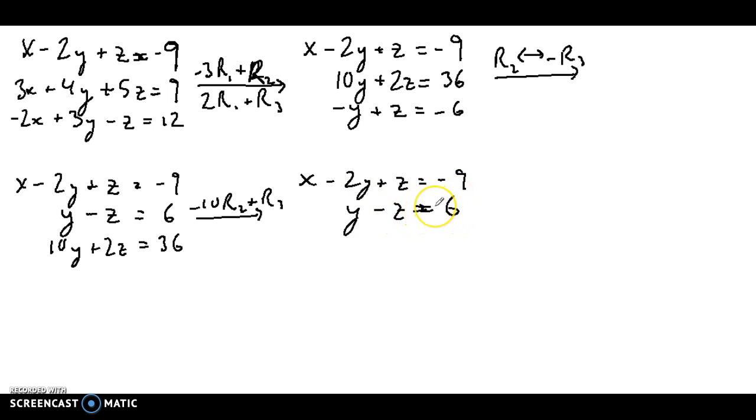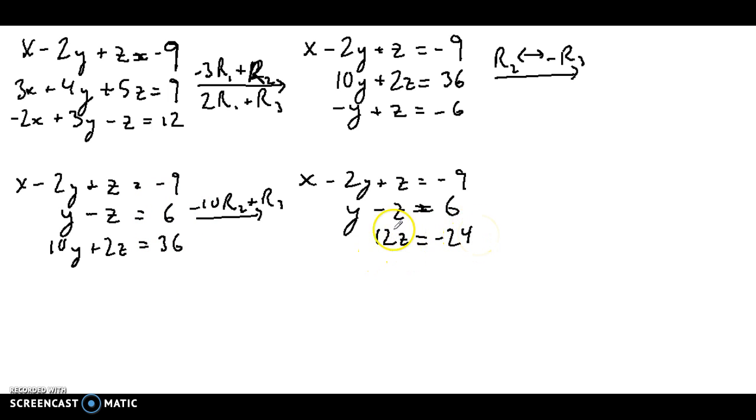That's an equals sign, I apologize. But row 3 is. We can think of it as this row minus 10 times this row. So that's 10y minus 10y is 0. We don't need to write it. 2z. Multiply this by negative 10, we get 10z. So 2z plus 10z is 12z. And 36 minus 60 is negative 24.